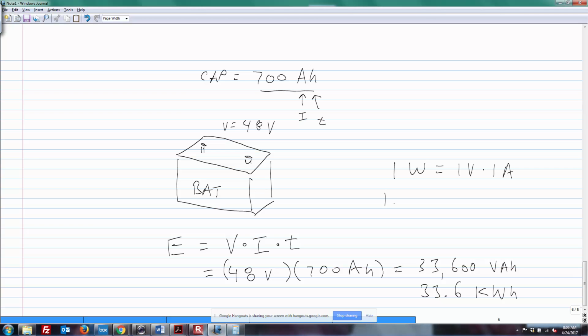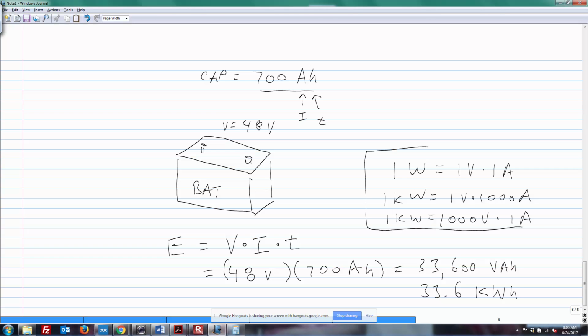And we know that 1 kilowatt equals, well, there's a couple different ways to do it, but we could do 1 volt times 1,000 amps, or 1 kilowatt equals 1,000 volts times 1 amp. So those are different ways to think about it.